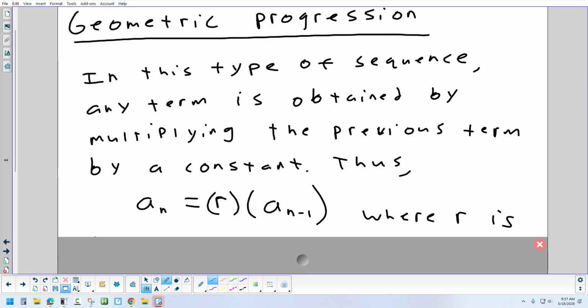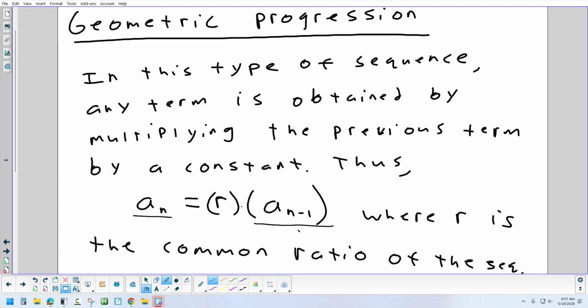Okay, so here's the general idea. To find a term, you take the term that came before it and you multiply it by a value. And R is called the common ratio. And again, at first it seems like, well, why are you calling something a ratio when it's a value you are multiplying by?